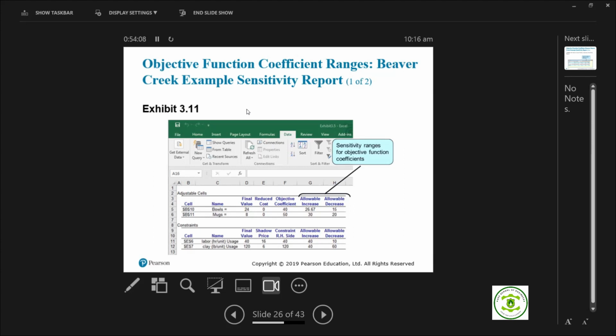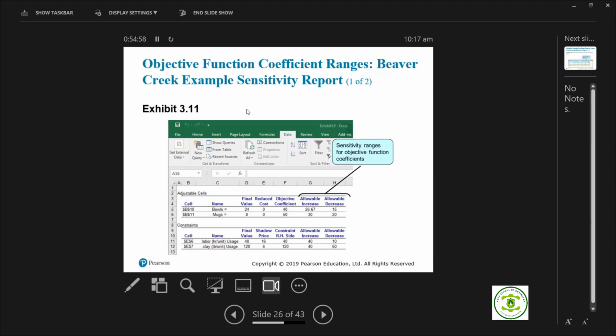Now we want to know within what range of the values of the coefficients of the objective function, which are 40 and 50, we will still need to maintain 24 versus 8 to be optimal. Remember, in the objective function, we had 40 X1 plus 50 X2. So these are the coefficients.